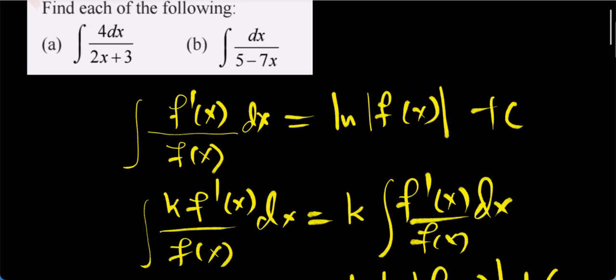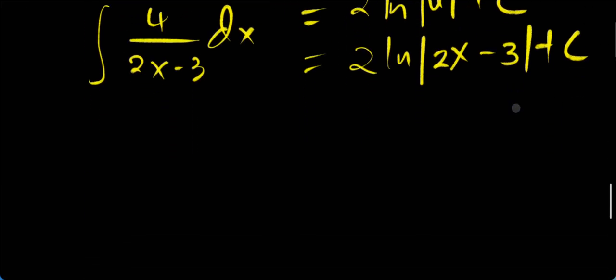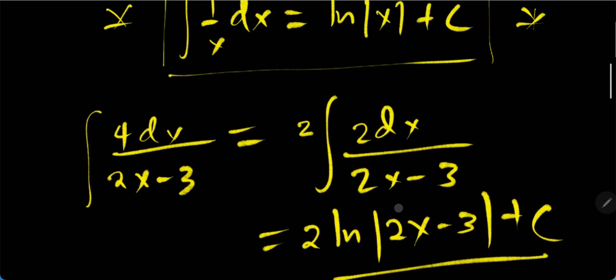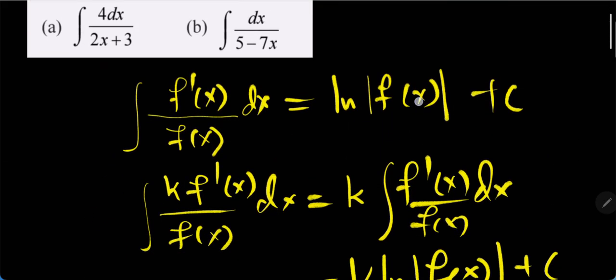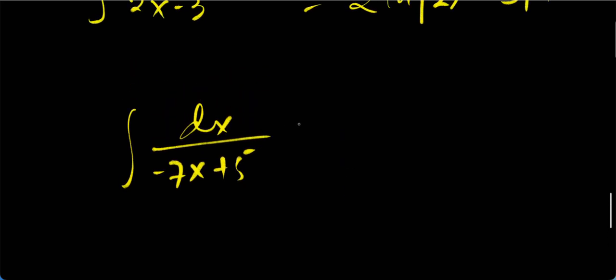So you can try part B and see the answer. I can give you the final answer for part B. Part B is dx over, I can write this as negative 7x plus 5, starting with negative 7x, the way the question is written. According to the concept, we need negative 1 over 7 times negative 7.